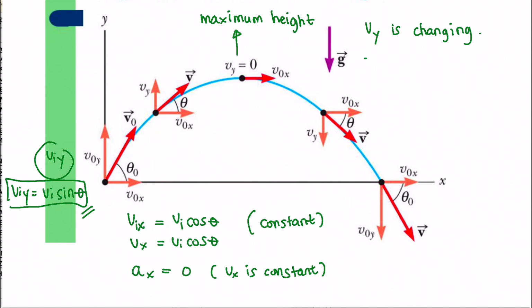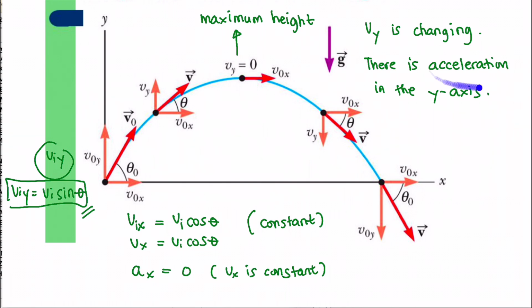Therefore, there is acceleration in the y-axis. So if we say that there's no acceleration in the x-axis because the horizontal velocity is constant, there is acceleration on the y-axis because the vertical velocity is changing.